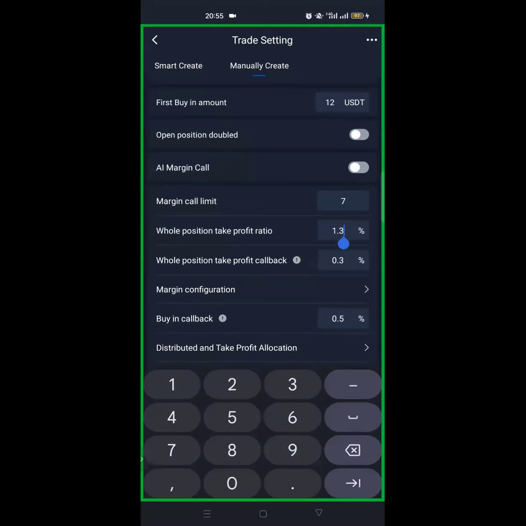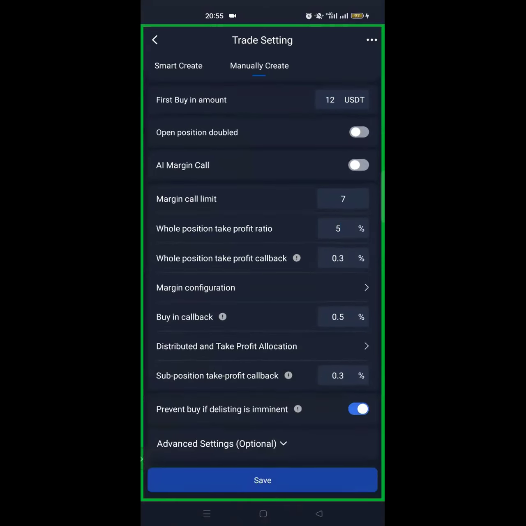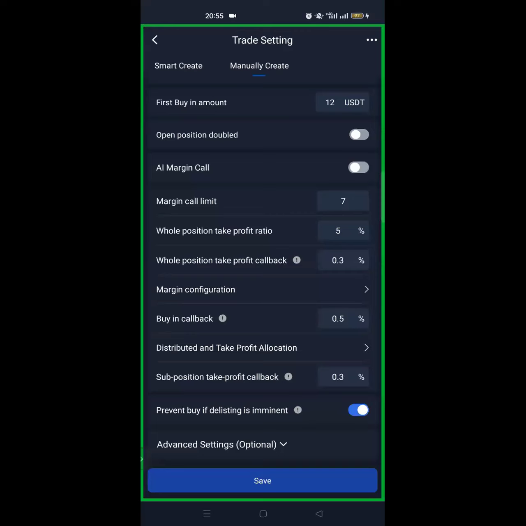This is the amount you want your robot to sell a particular trade. And this goes with the final sell, which is from your first buy, your first call, your second call, your third call, and your fourth call.